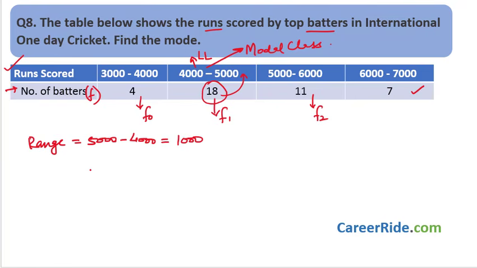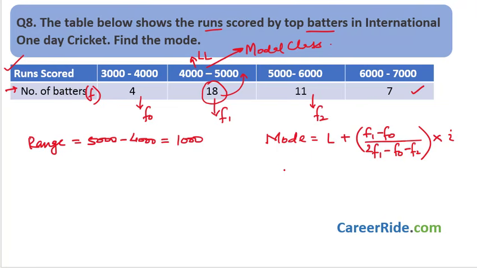Now there's a formula to find the mode in such a case, which I am going to teach you. Now pay attention. The mode is equal to lower limit plus F1 minus F0 divided by twice of F1 minus F0 minus F2, and this is multiplied by the range of the modal class, which I am denoting by I. This is something that you will have to learn.